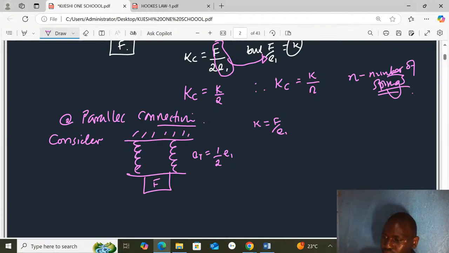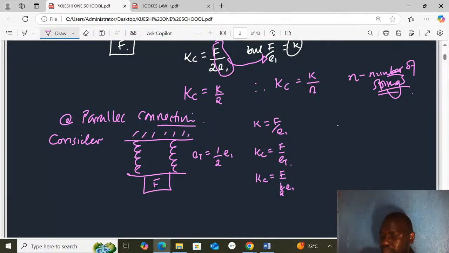Therefore, now we go to combined spring constants will be the same as force over Et. Remember these are two, where we'll say that Kc, which is combined, will be force over half E1.